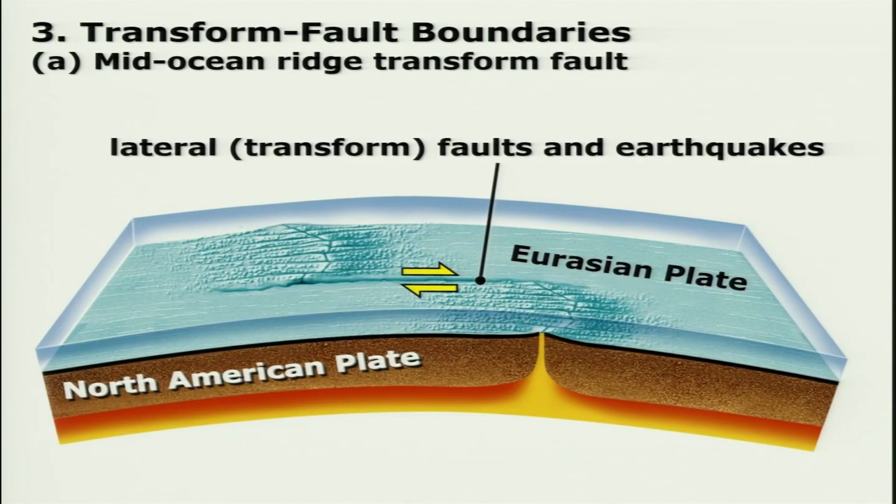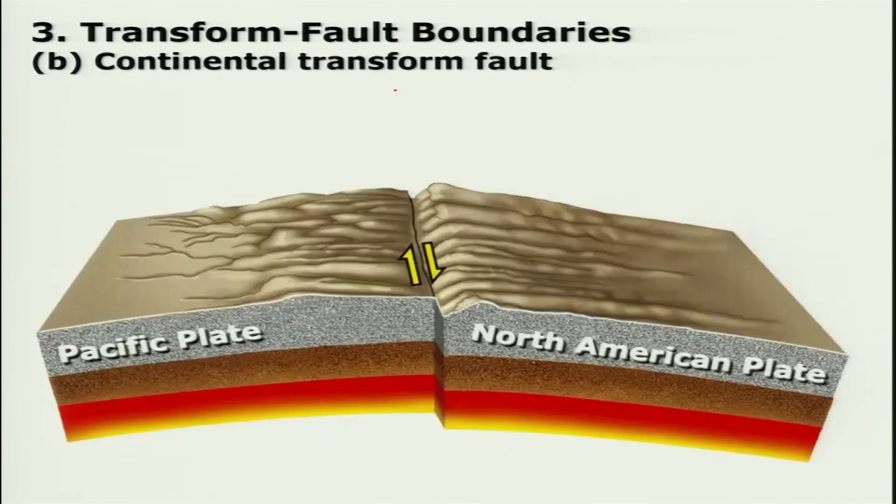So this is related to the mid-oceanic ridges in the ocean part, but on the land you have continental transform fault boundaries, and the best example which we were talking about is one of the notorious or dangerous faults, the San Andreas fault system, which is formed because of the deformation between the Pacific plate and the North American plate.